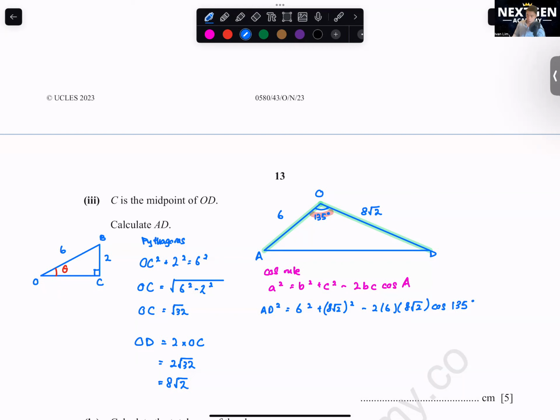Okay, you type the whole right-hand side into the calculator. What do you get? You should get 260. AD is square root 260, which will give you 16.12 or 16.1.